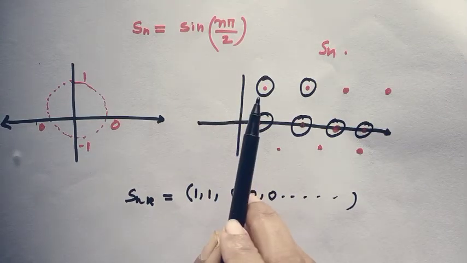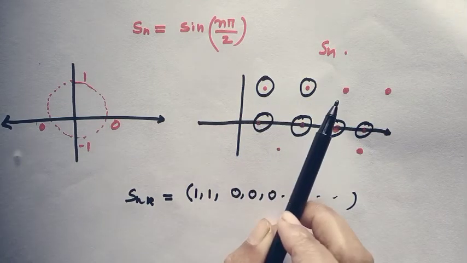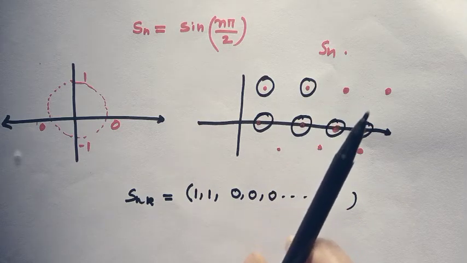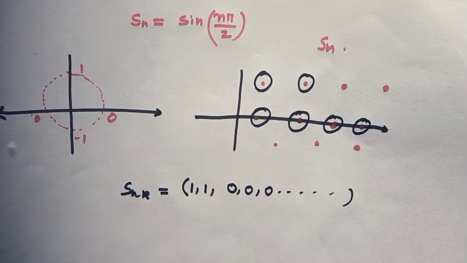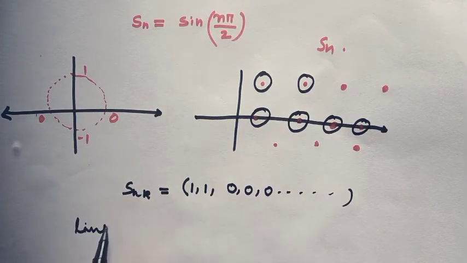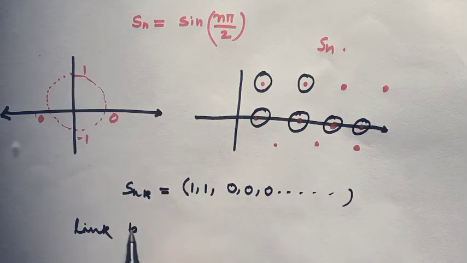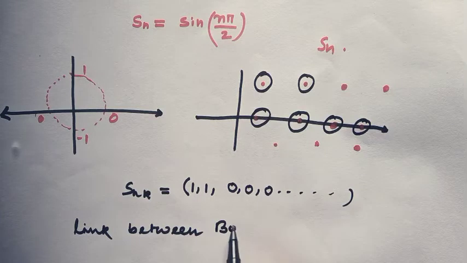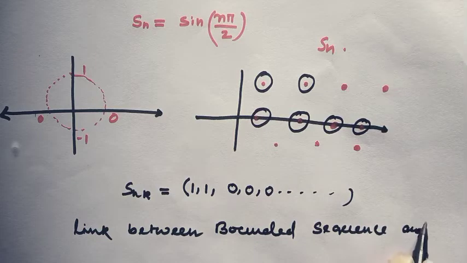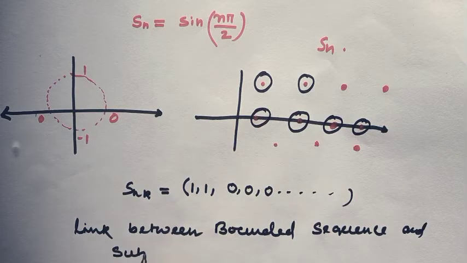Even though the sequence s_n does not converge, there is a convergent subsequence. And this is the link between bounded sequences and subsequences.